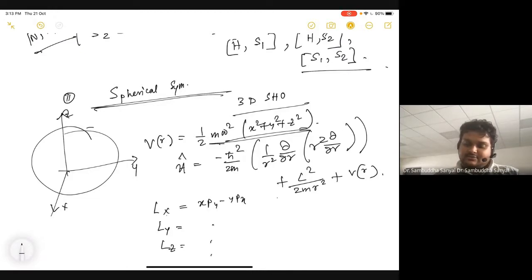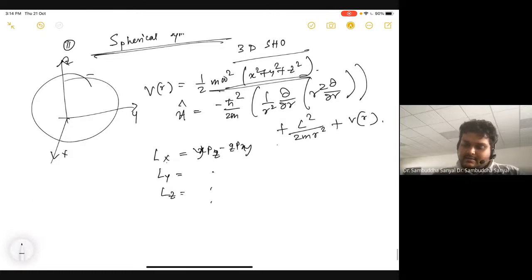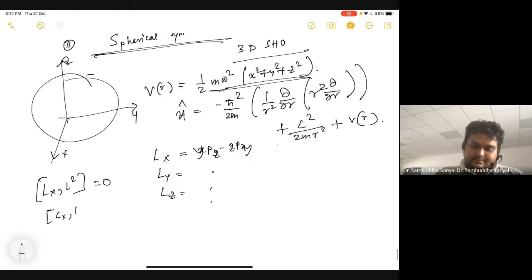No, sorry, for x it should be y p_z minus z p_y and so on. Then you should be able to show the commutation relations, and so on, this kind of structure.